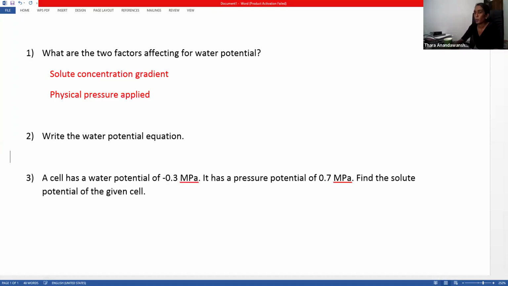Write the water potential equation. Psi is equal to psi s plus psi p. So you have to write it and define the terms. What is psi? Psi is water potential.